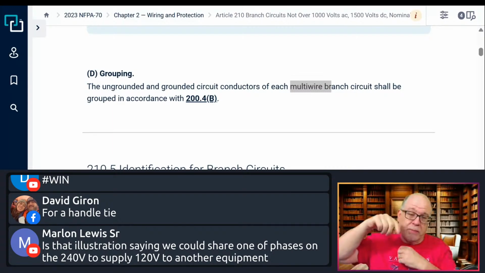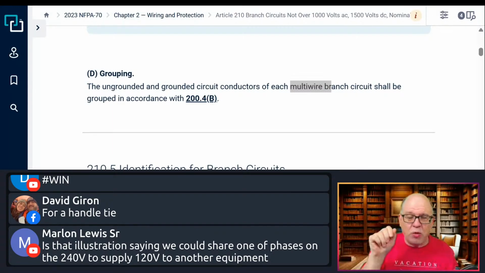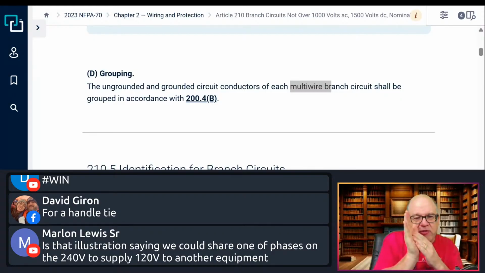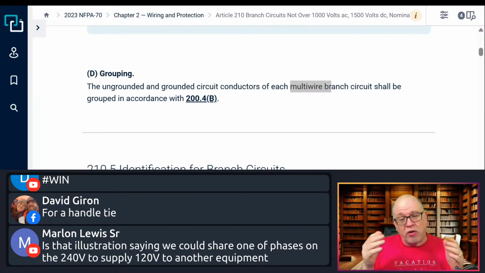And also, when two single poles are together like that, and you work one, it puts a lot of undue stress on the other one. So it could cause the handle to break. All I know is the code says it has to be an identified handle tie. A 6-32 with a screw through it, a piece of wire, a tie wrap, a nail, all those things are not identified as a handle tie. So the answer is no bueno on that type of thing.